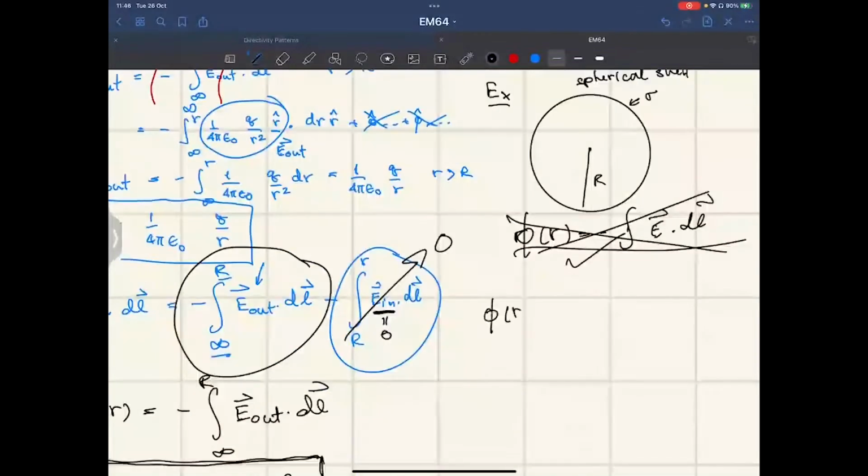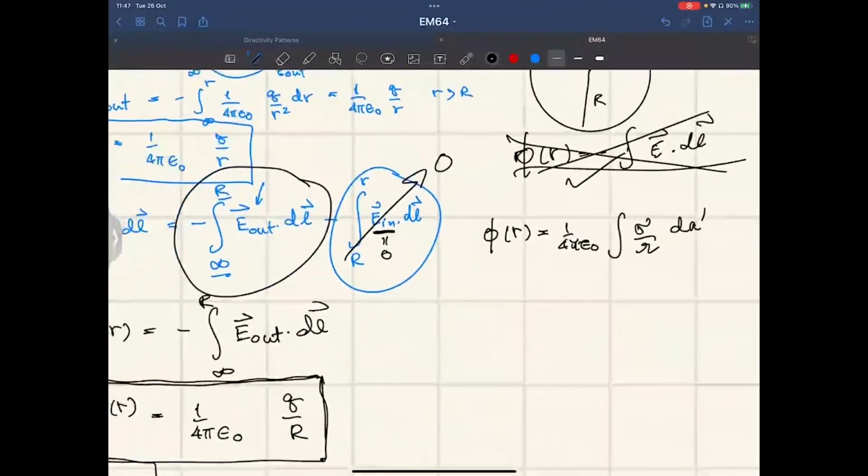So let's try to use it. Okay, 1/4 pi epsilon naught, the integral of sigma divided by R dA prime. Okay, our sigma is constant, so we don't have to worry about it. So we just pull it out. Okay, what do we have here? We have 1/R, dA.